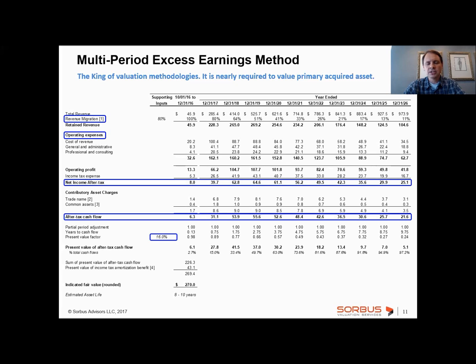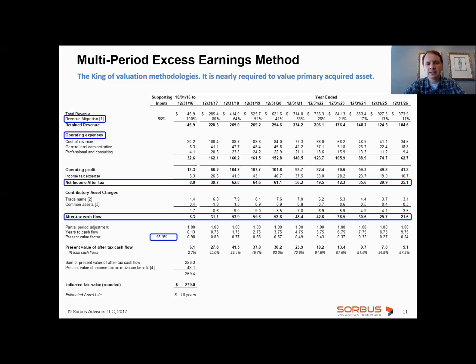Now, revenue migration is the percentage attribution of that future revenue to the current set of intangibles that were acquired. So imagine this is a customer relationship valuation and you have an 80% customer retention rate.